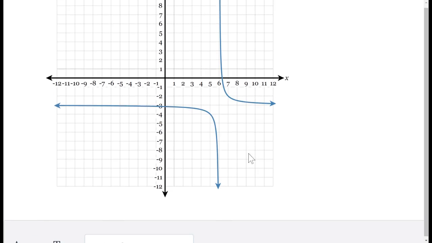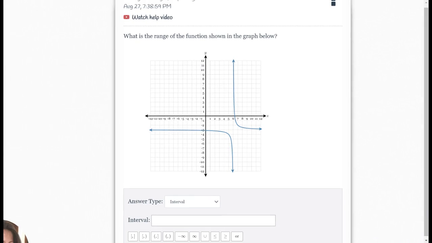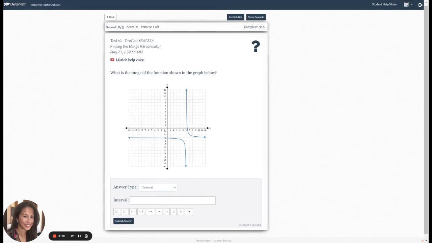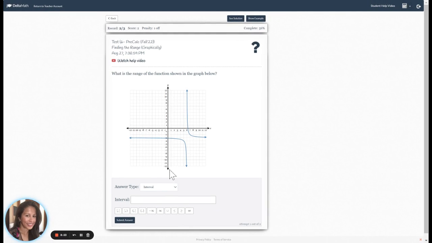Let me diminish the size of this a second. So what does that mean we're going to do? You are going to start from the bottom. We have two functions, bottom to -3. -3 is an asymptote, and all asymptotes use parentheses. We're starting at negative infinity, way at the bottom, and going all the way to -3, because there's an asymptote. Then we had to lift our finger up to graph the other piece, and I'm going to put a set of parentheses again.